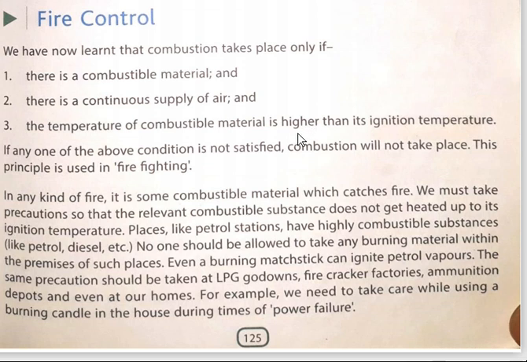By doing these two things, we can stop the fire.